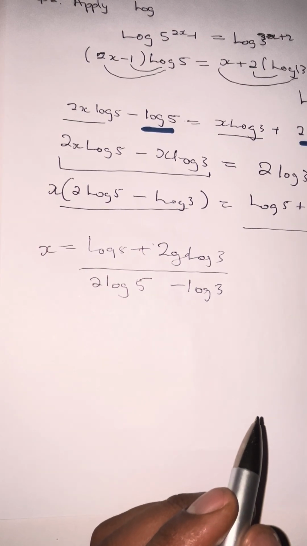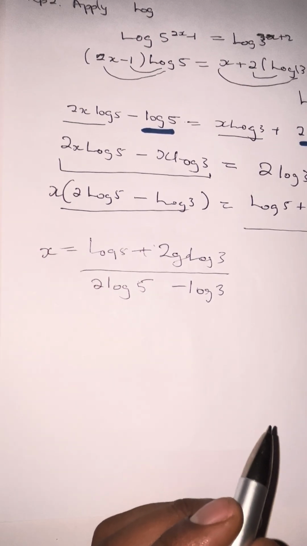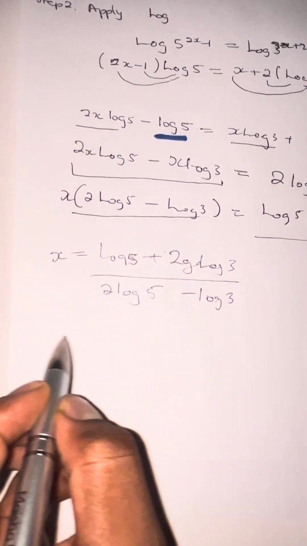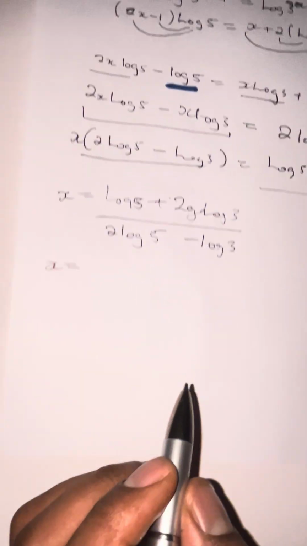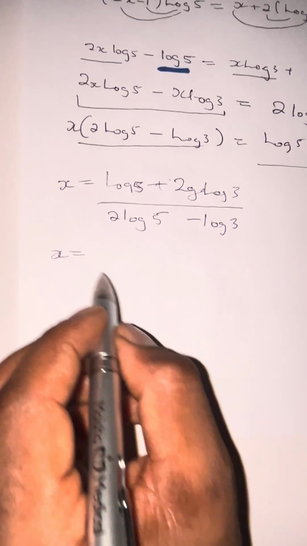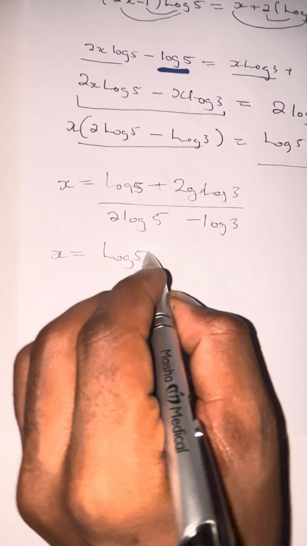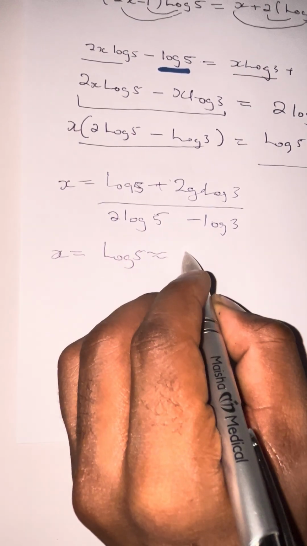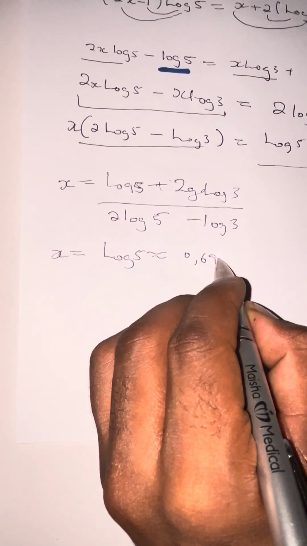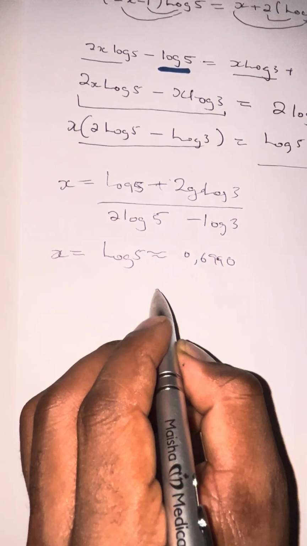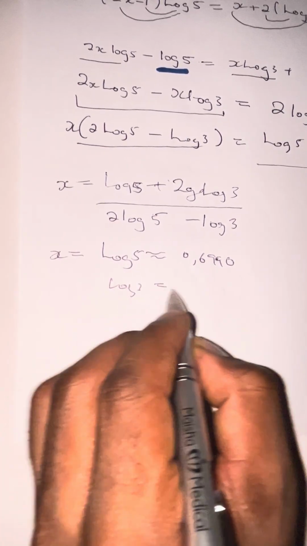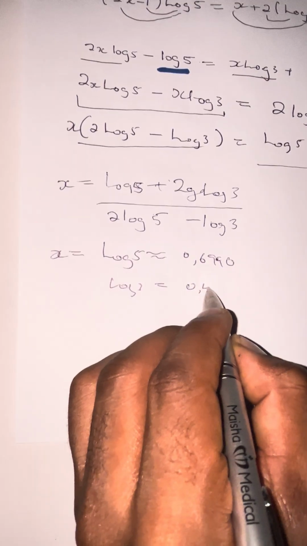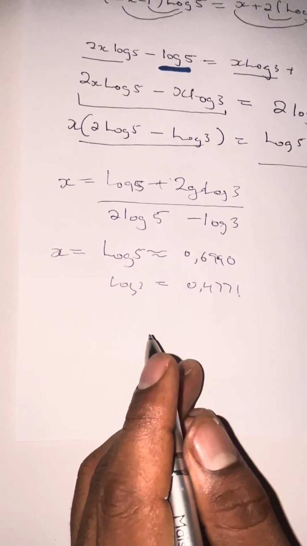Okay, so what is the answer? x is equals to log 5 is equivalent to 0.6990, while log 3 is equals to 0.4771.